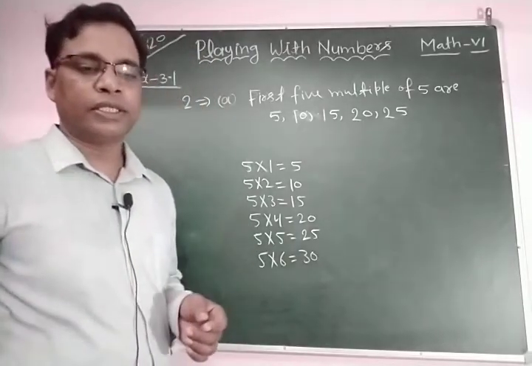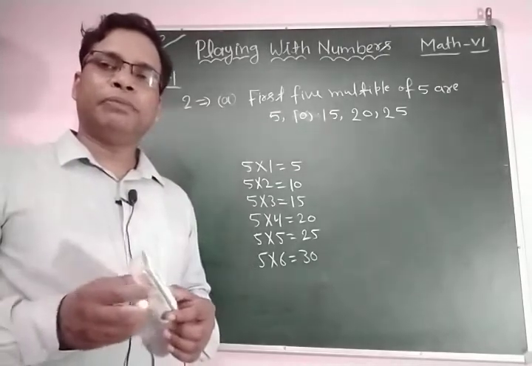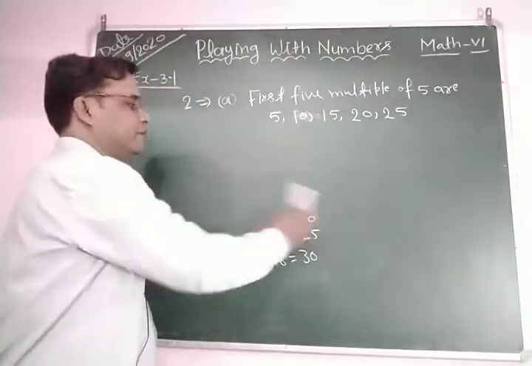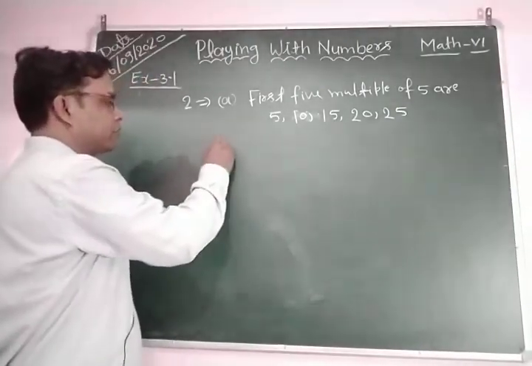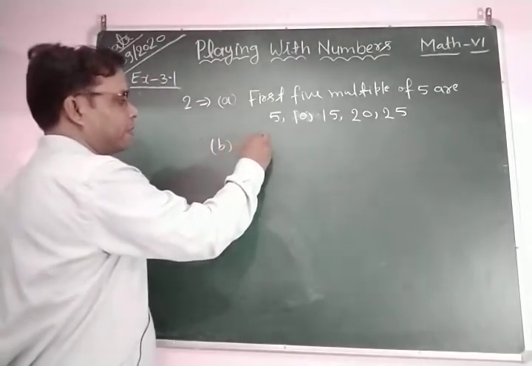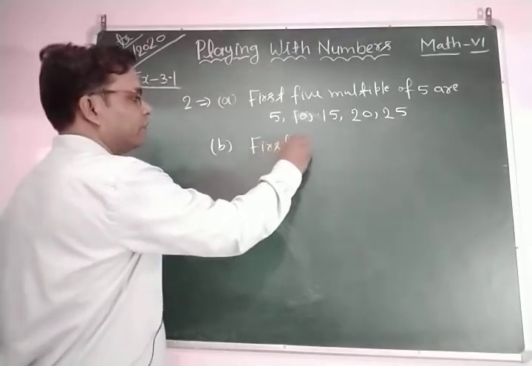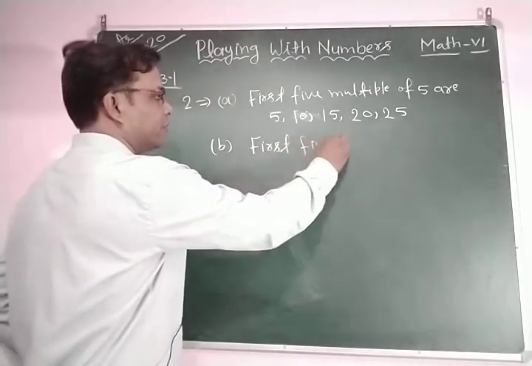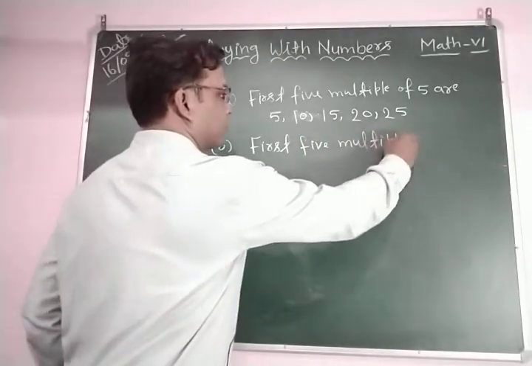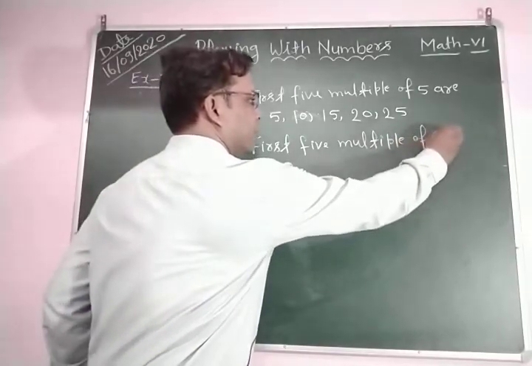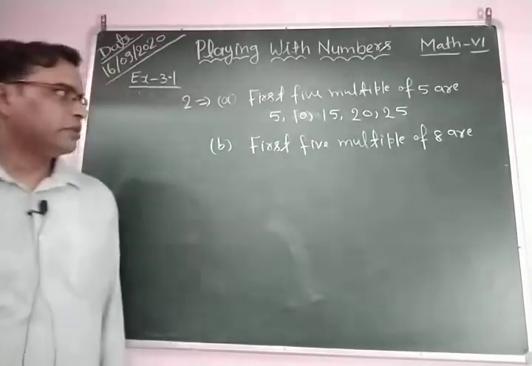Okay. Now the second part of this question, B, is we need to find the first 5 multiples of 8. So let's see how to find it. How to find the first 5 multiples of 8?